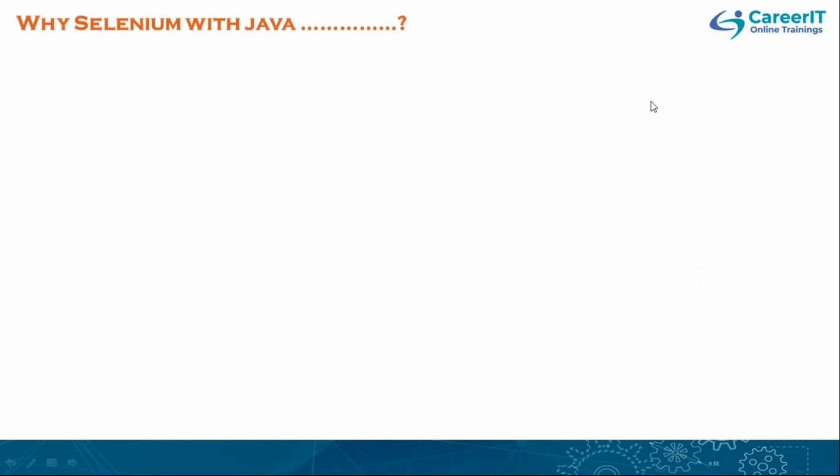Next thing, this course is designed with Selenium with Java, guys. So we are going to learn Selenium by using a programming language called Java. As I mentioned, Selenium supports multiple programming languages, right? Though Selenium supports multiple programming languages, why do we go with Selenium and Java?